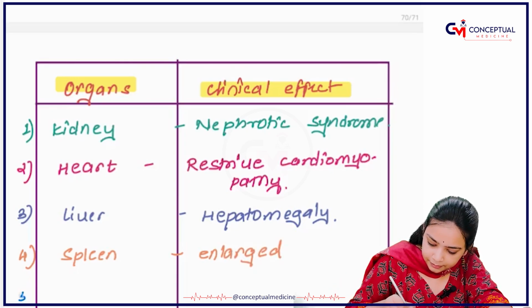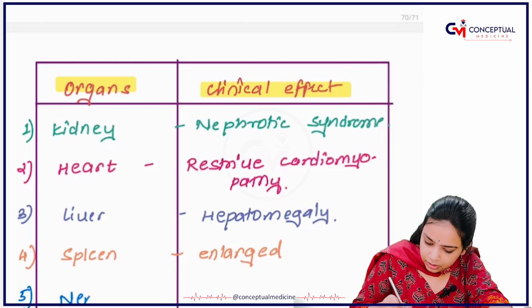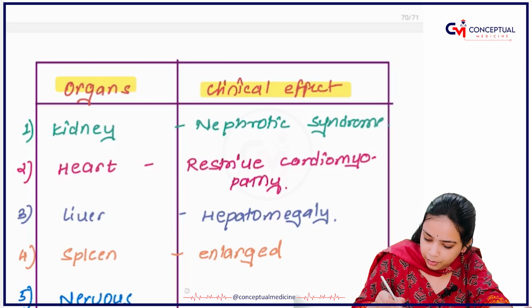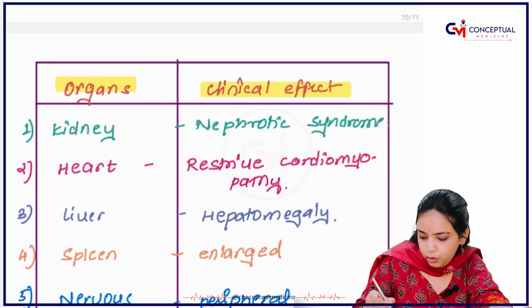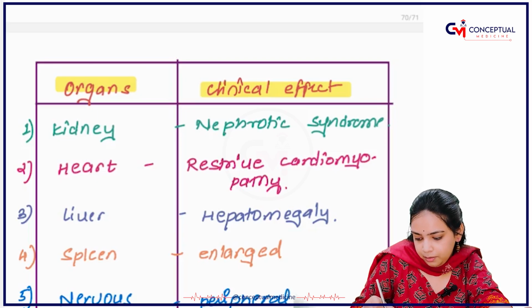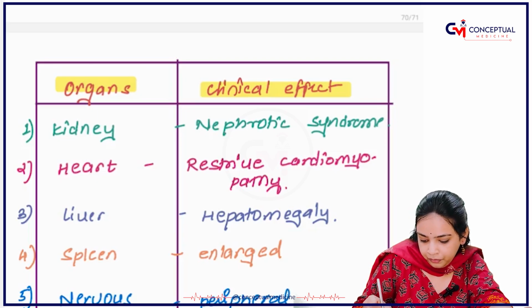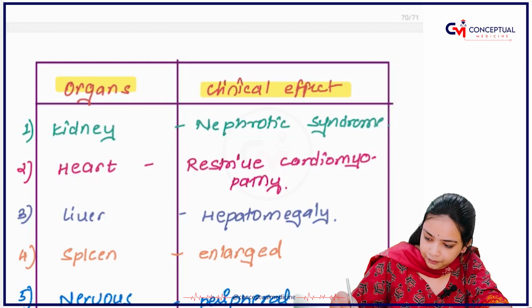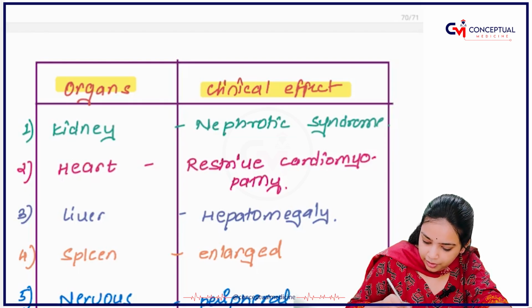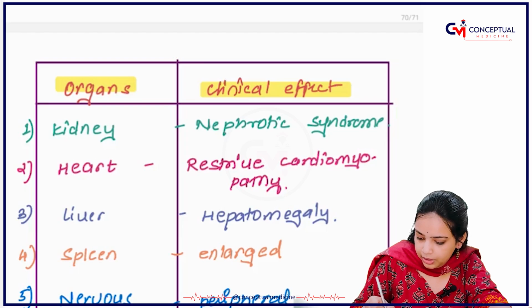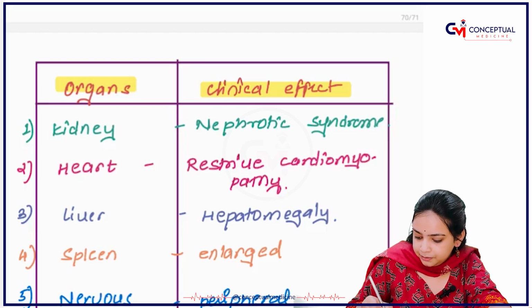Next we have the nervous system. In the nervous system you have peripheral neuropathy. Sixth and the last one is the GI tract. In the GI tract, what you expect? Either malabsorption or bleeding, right?